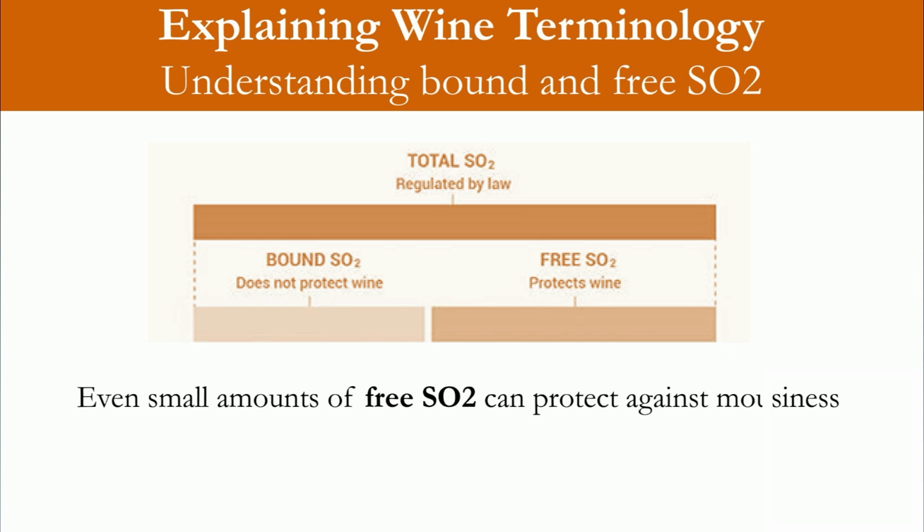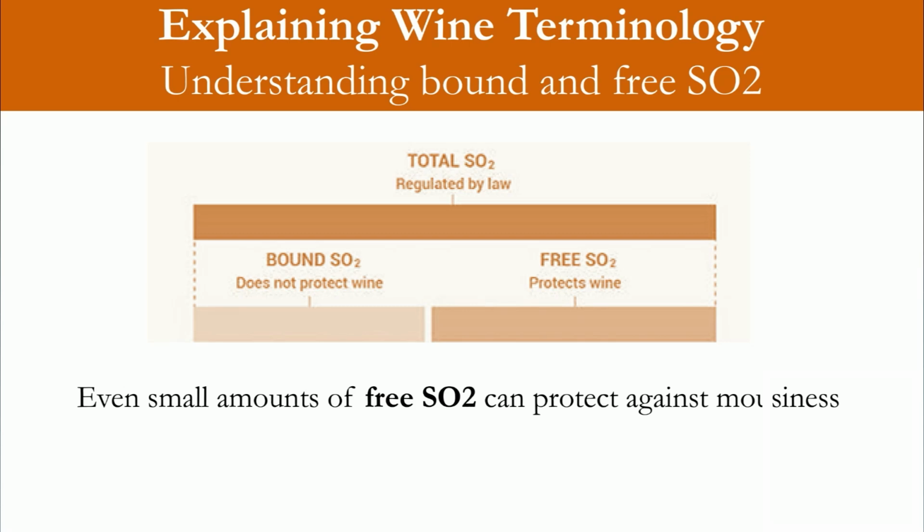Now, I mentioned a phrase about free sulfur dioxide. And this is important because many people do not discuss the differences between bound and free sulfur dioxide. With low intervention winemaking, there is often claims that there's no sulfur dioxide being added as a preservative in the winemaking stages.